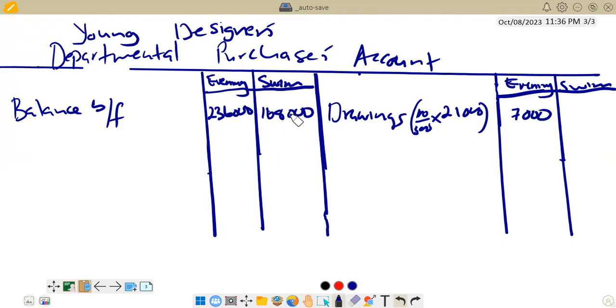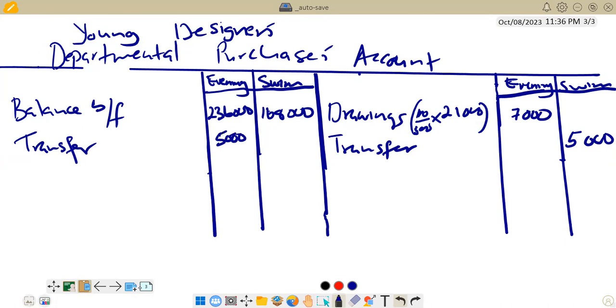Remember, we put a column for evening and a column for swimwear. So we are going to credit the swim. So we can just call it a transfer. Then it's 5,000. We are removing it in swim. Then we transfer it to evening. 5,000.